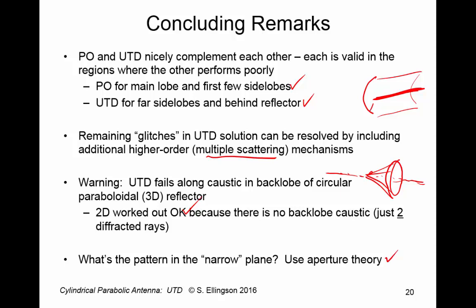For example, if this was a uniform magnitude current source, or at least could be modeled that way, you'd know you'd get a sinc pattern in the far field, and you would know the half-power beamwidth of that sinc pattern and the side lobe levels. So this is a relatively simple problem compared to the problem of the pattern in the plane of the parabolic cross-section.